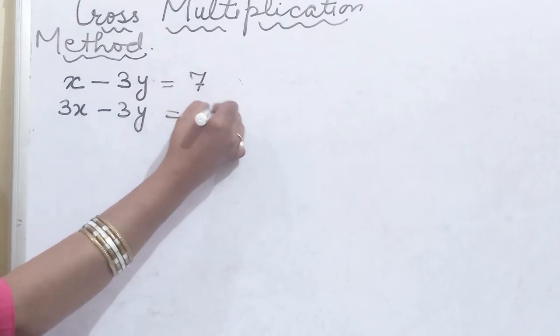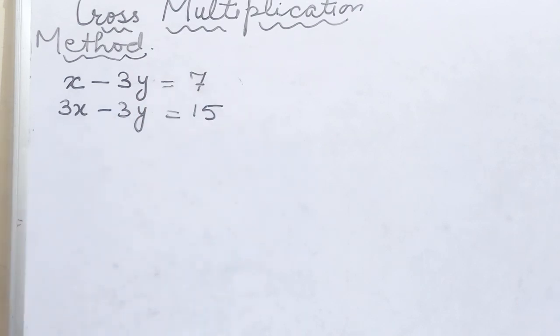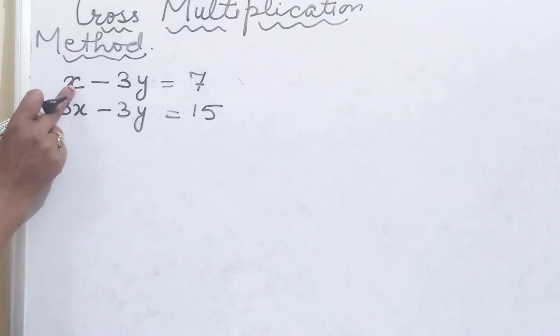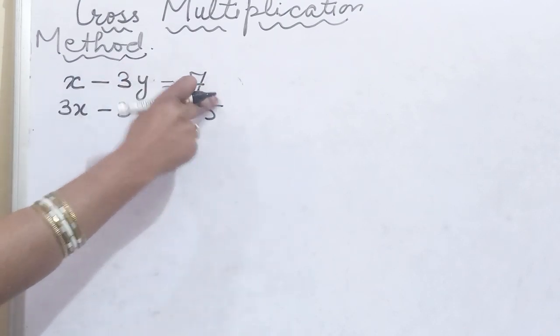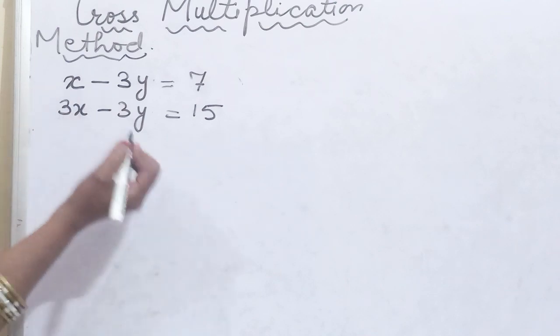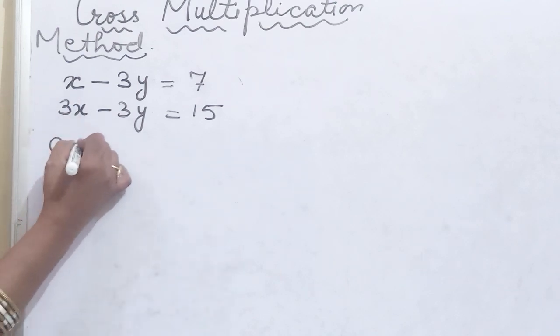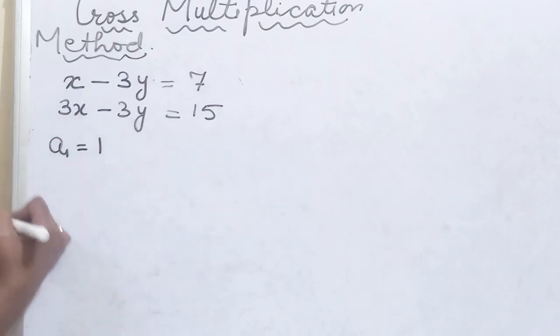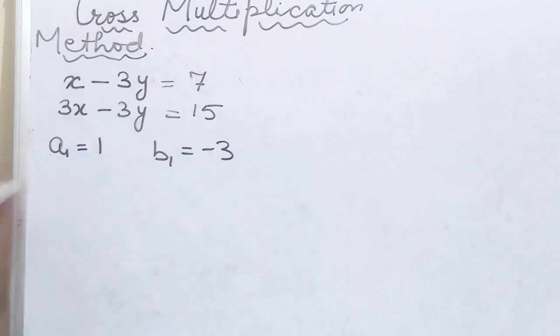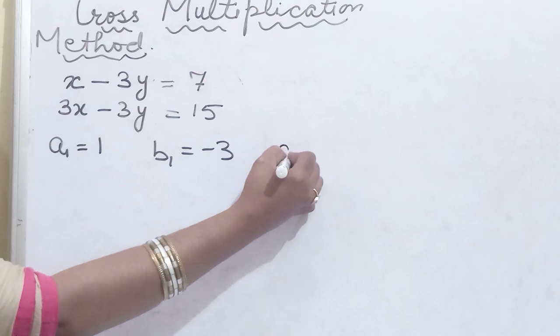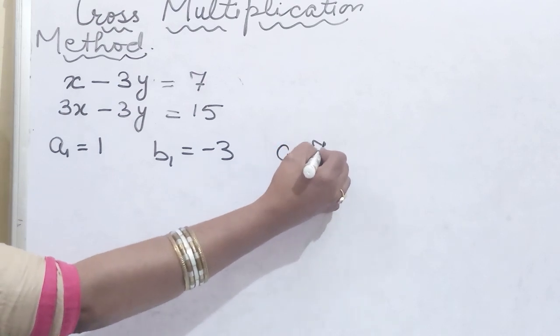Now I have to write the coefficients of x, y and the constant term in this way. A1 is the coefficient of x, B1 is the coefficient of y, and C1 is the constant term.